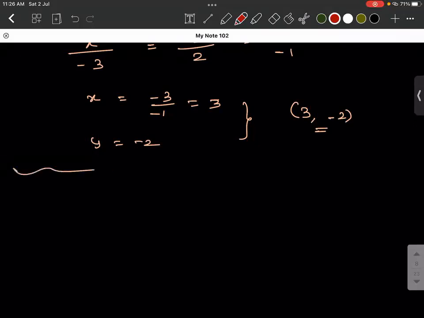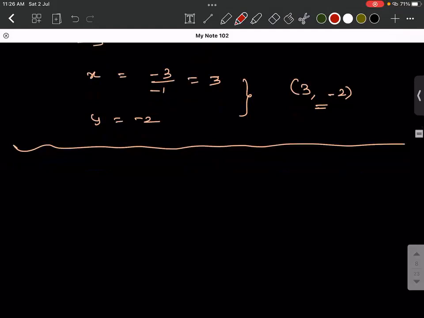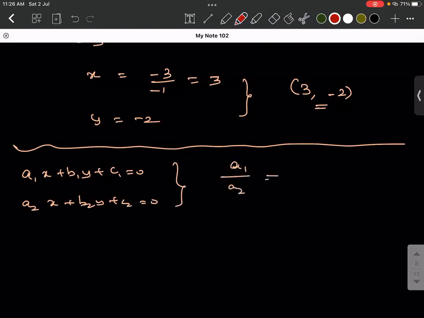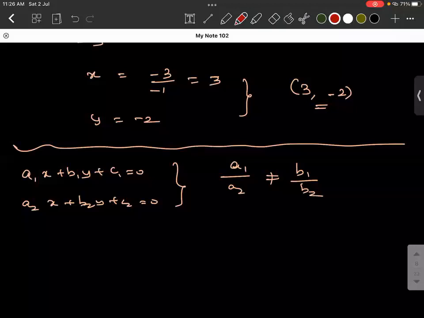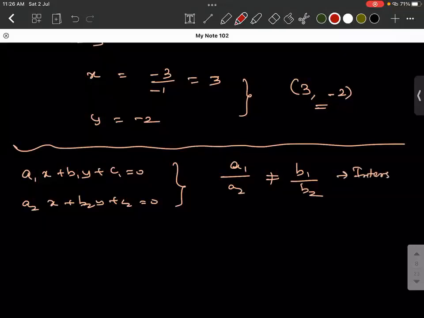Yes. Now we have the concept related to two lines being like this: a1x plus b1y plus c1 is equal to 0, a2x plus b2y plus c2 is equal to 0. Suppose a1 by a2 is not equal to b1 by b2, they are lines which are intersecting.